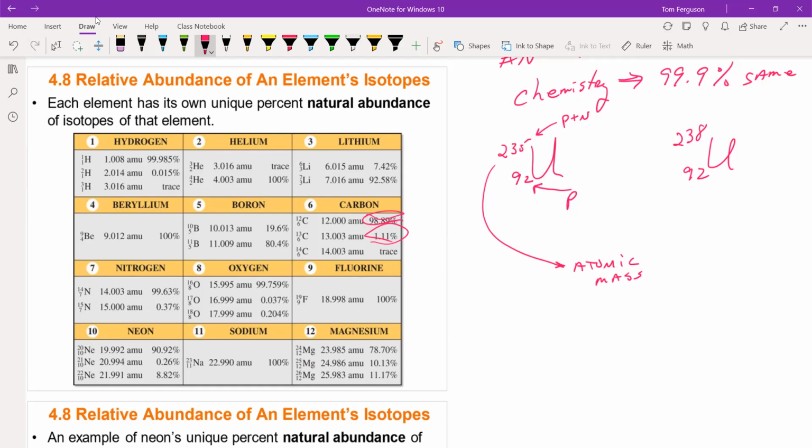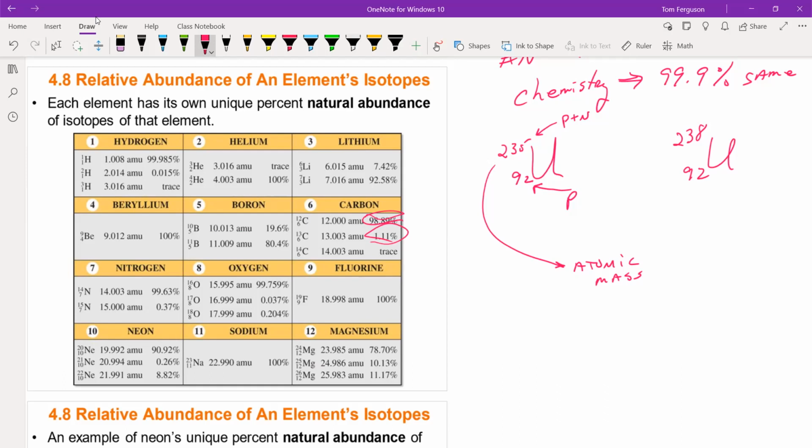Now that's an average of the carbon 12s, 13s, and 14s. But because it's not an equal average, it's going to be skewed to the one that there is most of.